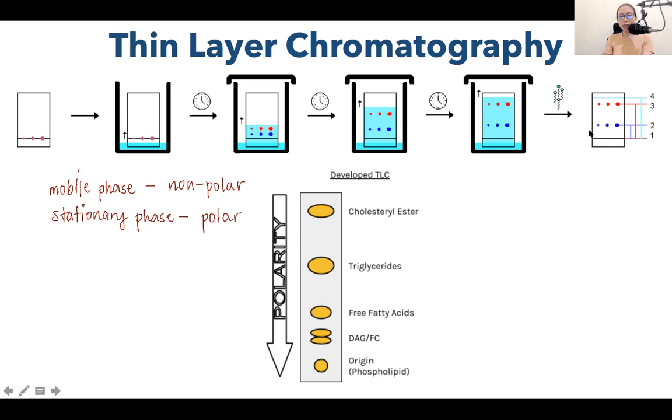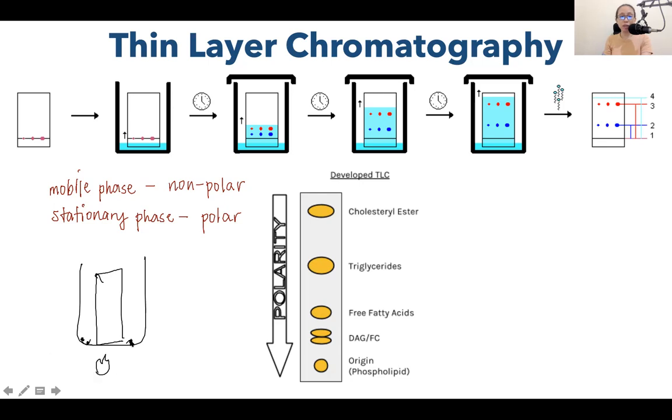Once our TLC plate is developed, meaning the solvent has run and stopped, you remove it, let the solvent dry, and place it in another chamber. This time, you have iodine crystals inside the chamber, and your TLC plate is there. Then you place it on a hot plate.